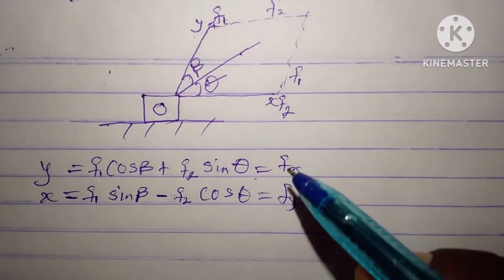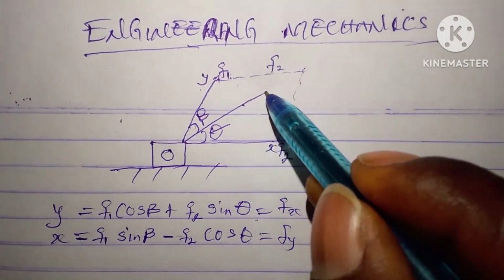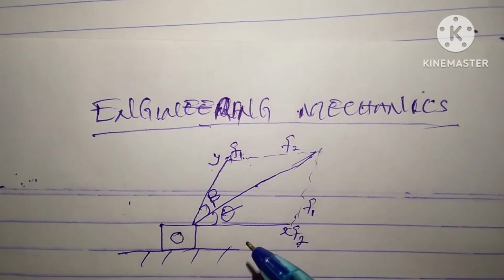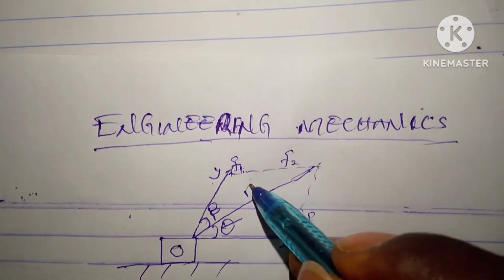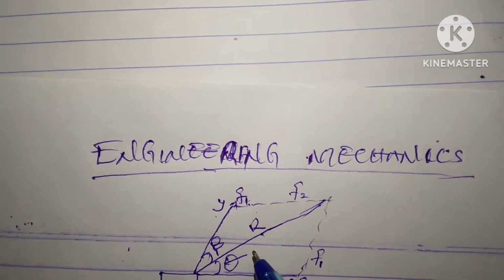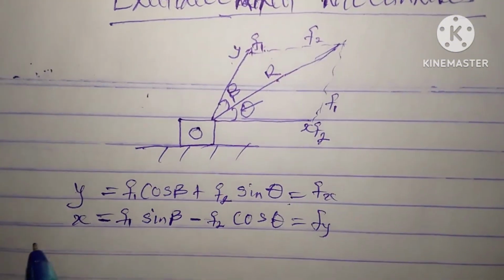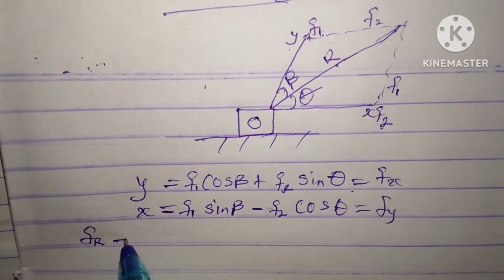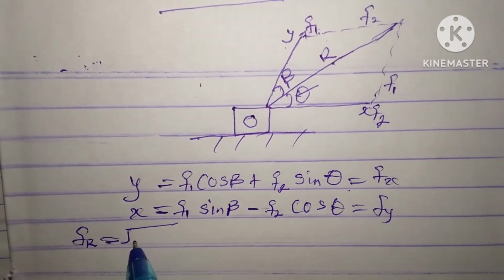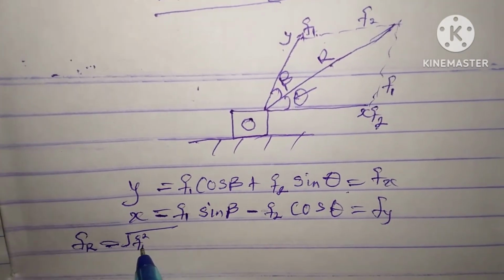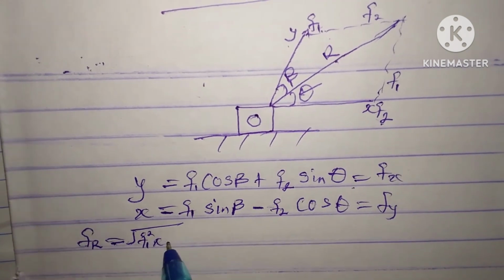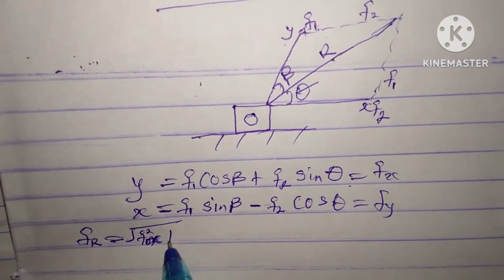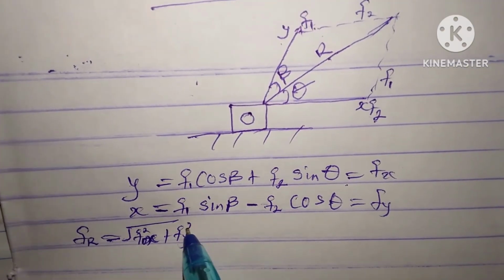Now, to find the resultant force, remember this is a resultant force according to the parallelogram law, which I believe you know. So finding the resultant force, you are going to have Fr as the resultant force, which is equal to the root of Fx square plus Fy square.